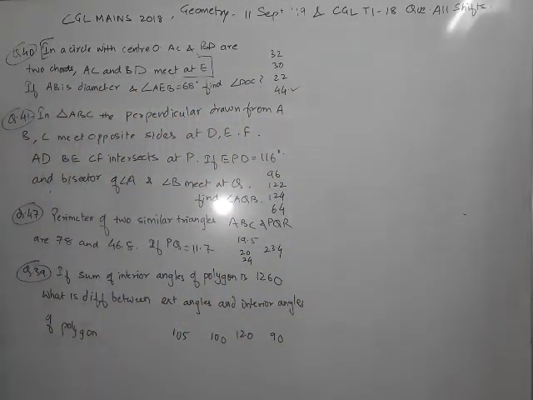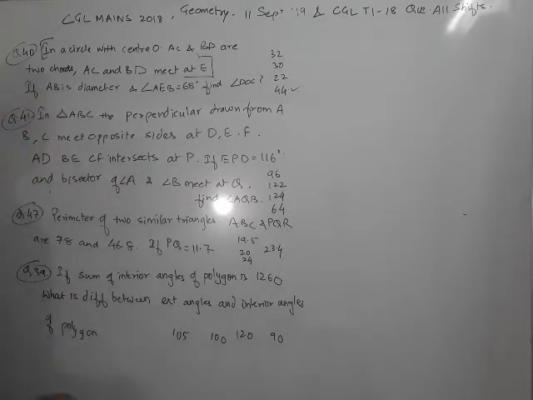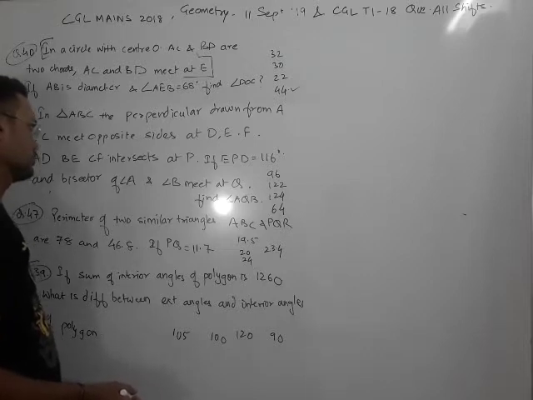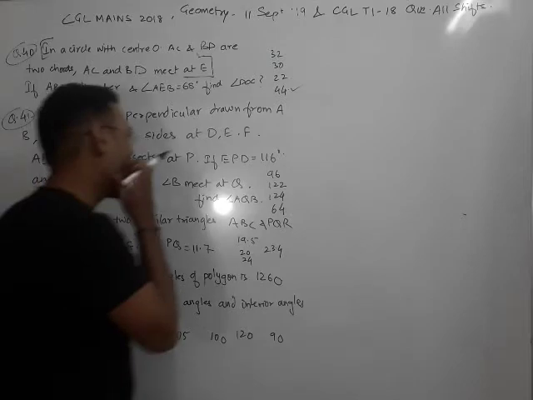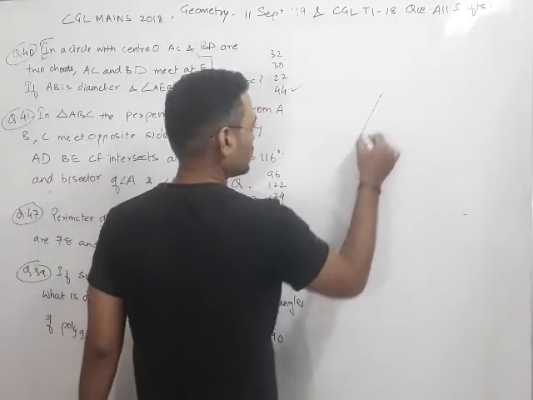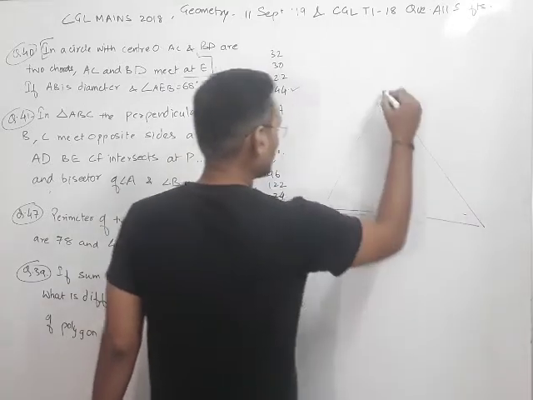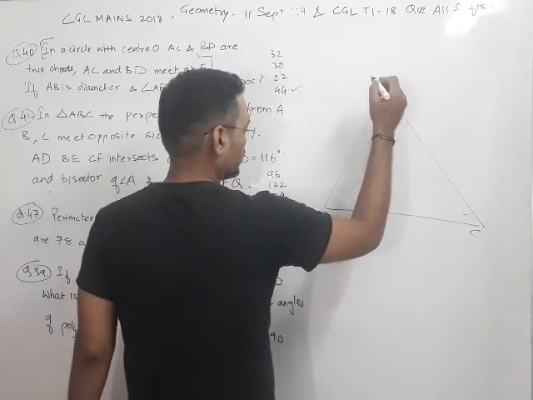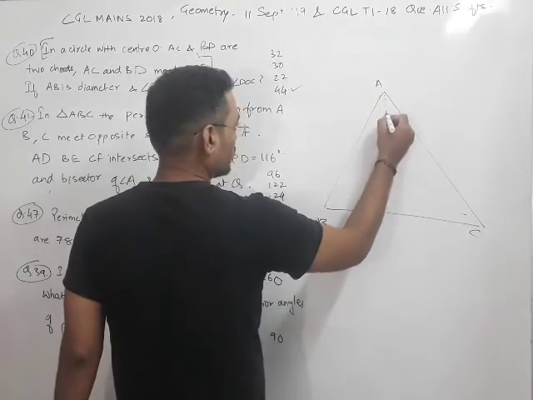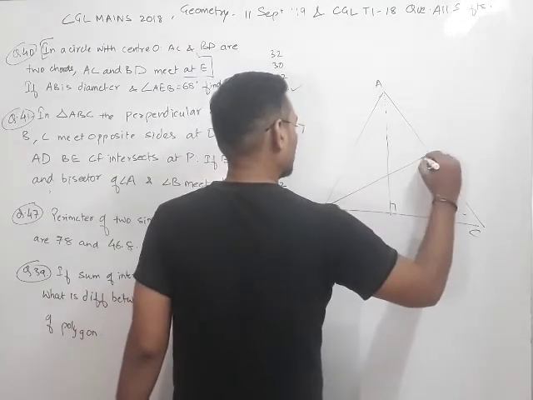Alright, now next one. In triangle ABC, perpendiculars drawn from A, B, C meet opposite sides at D, E, F. AD, BE, CF, okay. It's a perpendicular drawn.